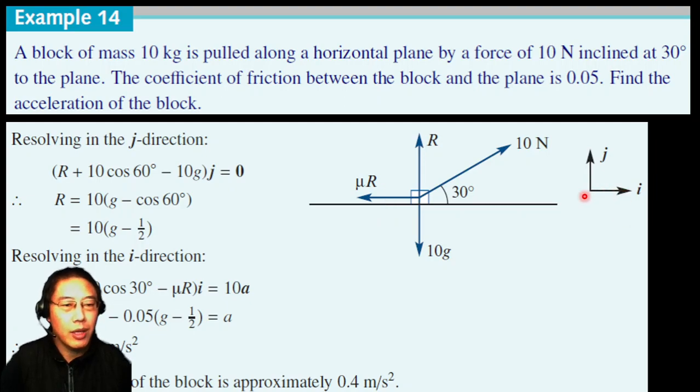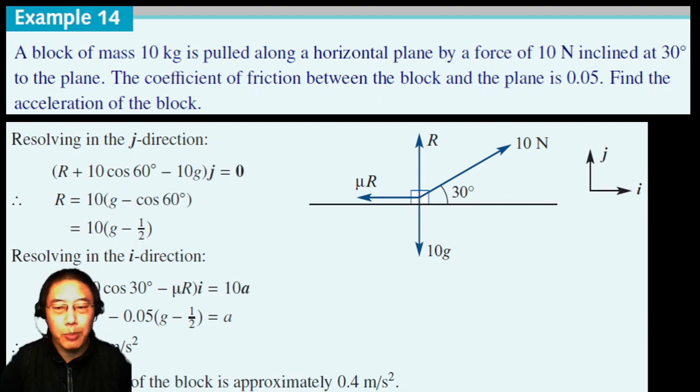In the other direction, when we project in the i direction, because the weight force and the reaction force are perpendicular, their component will be 0 in the i direction. So you resolve respectively in both directions. We have an expression of R, which is an exact solution, and we substitute that into the second equation. Then we estimate the acceleration.